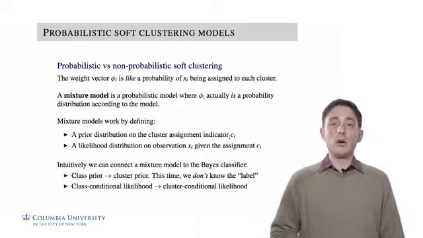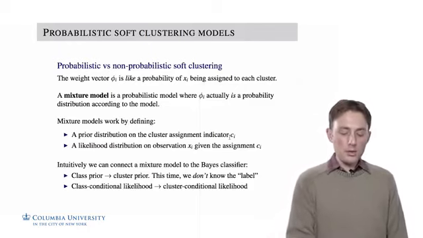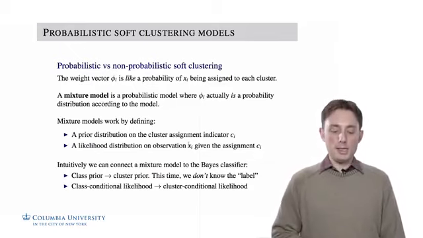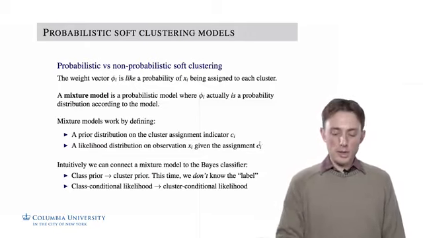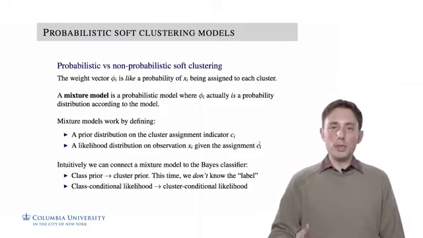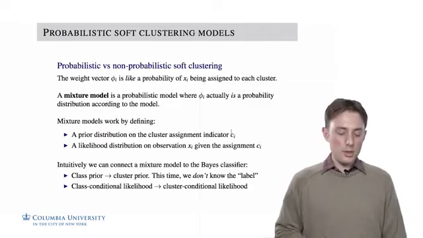So ci is now going to come back into our model, and we're going to define a probability distribution on it. We also get a likelihood function of seeing the observation xi given the assignment of that observation to a particular cluster encoded in ci. So we're now using a probabilistic definition to put these constraints on our parameters.